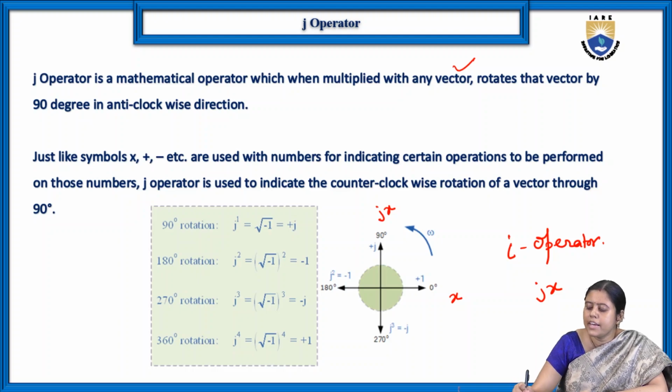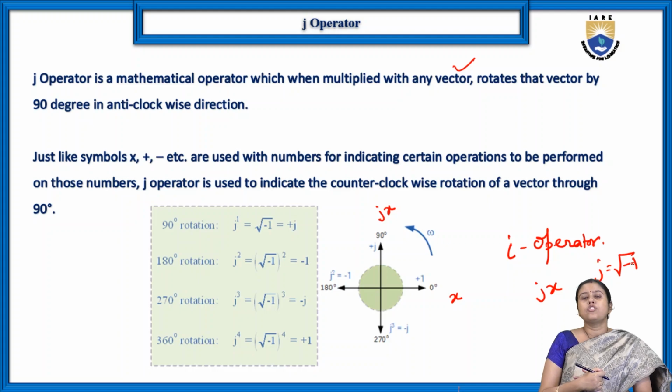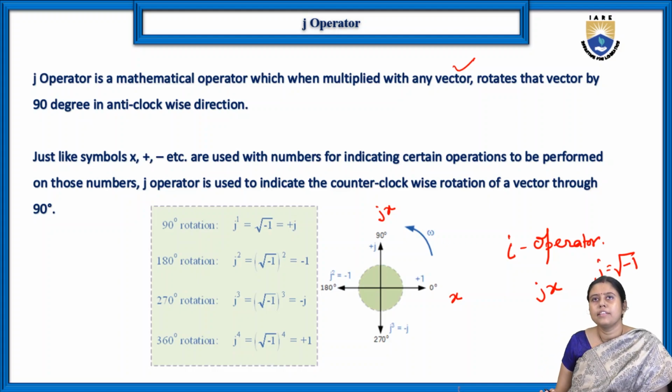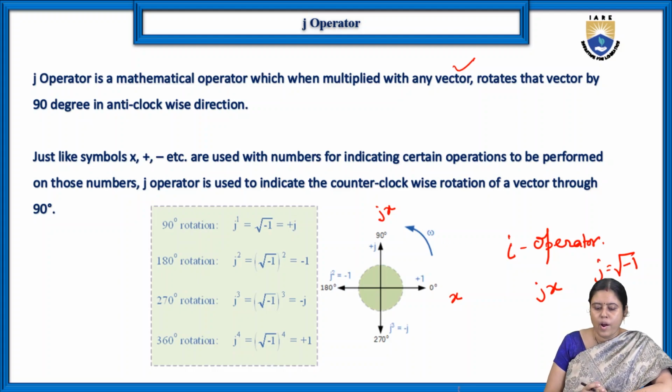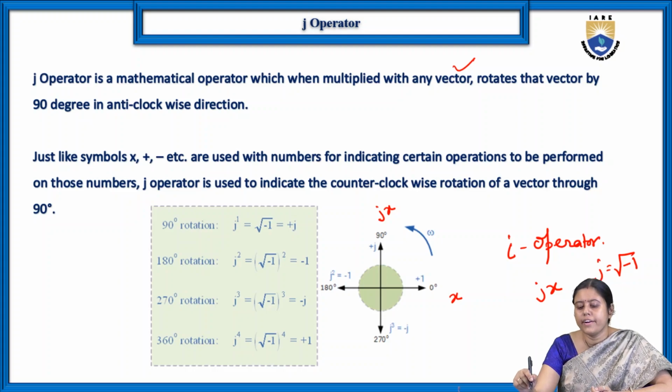What is j? J is nothing but the root of -1, similar to the imaginary number i. So the J operator rotates the vector by 90 degrees in the anti-clockwise direction.